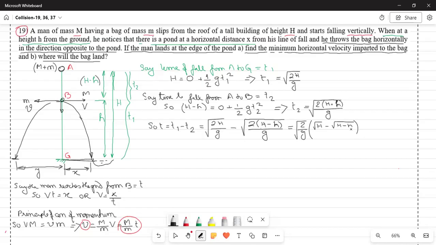Now we go to this formula, let us give it the name equation 1.